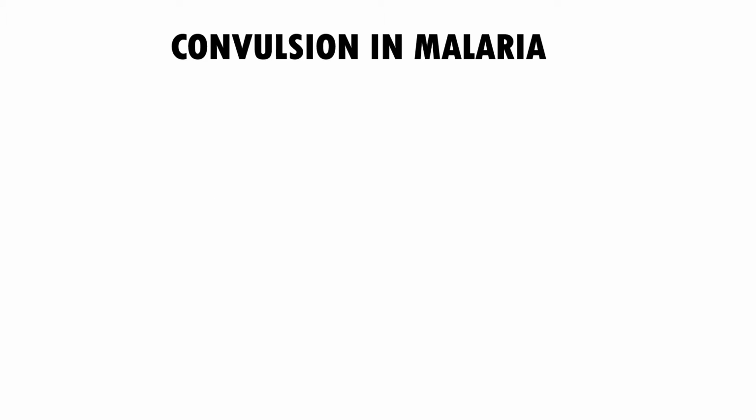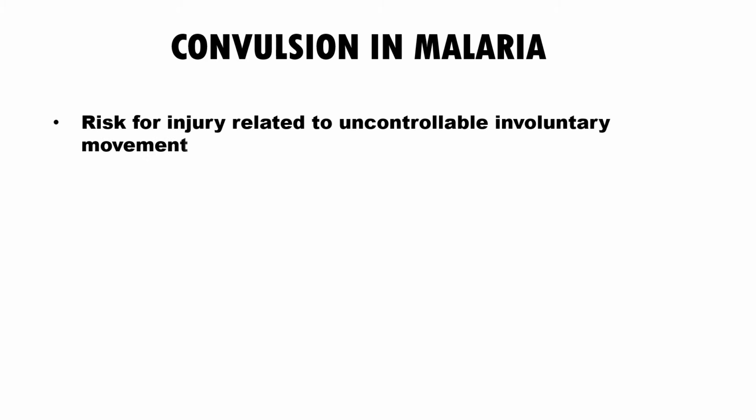So let's look at the nursing diagnosis for convulsion in malaria. Number 1, we have risk for injury related to uncontrollable involuntary muscle movement. Remember, if a person is convulsing, you cannot restrain, you only monitor the airway and then maybe you give sedatives.